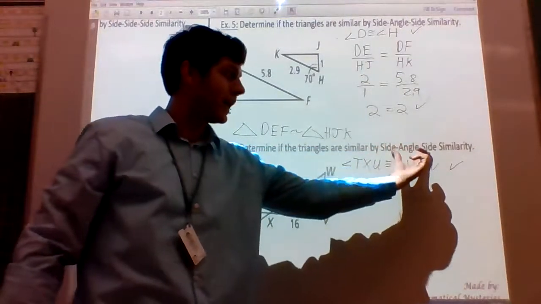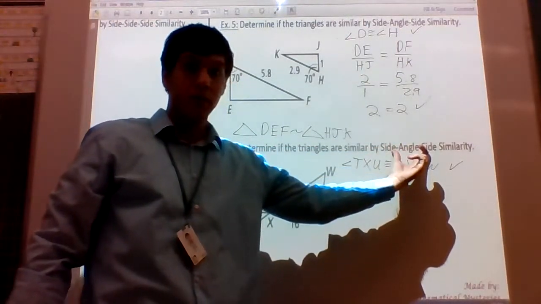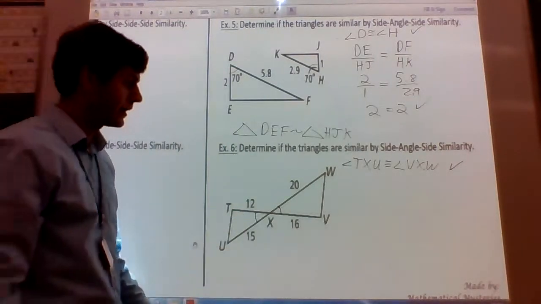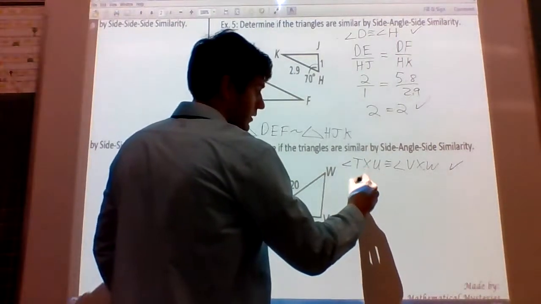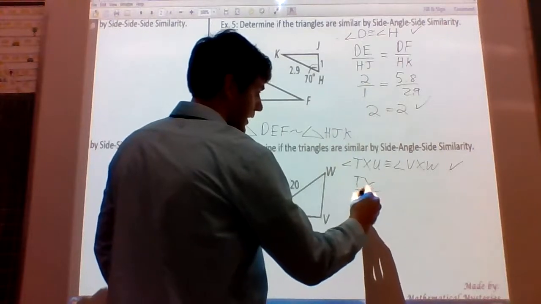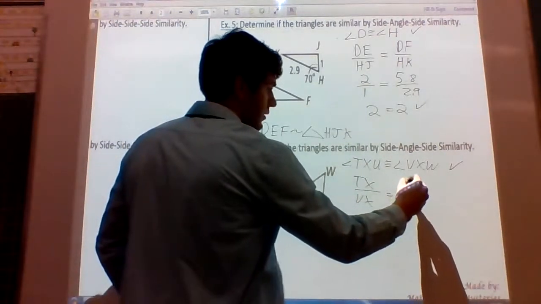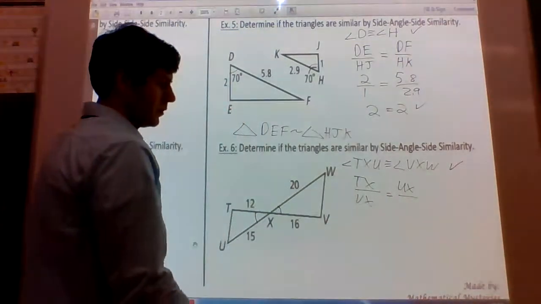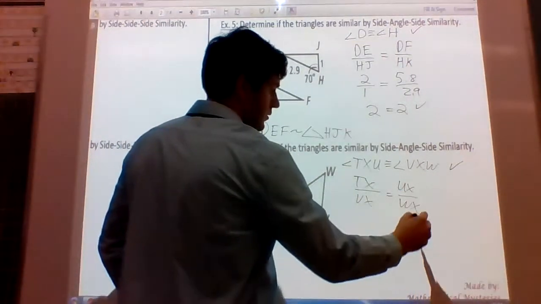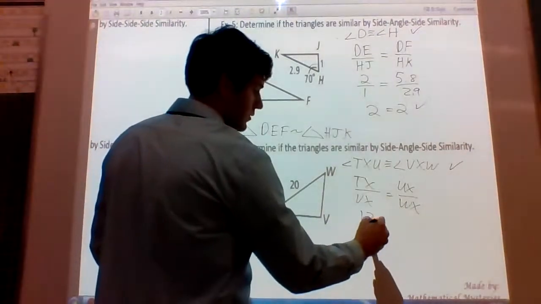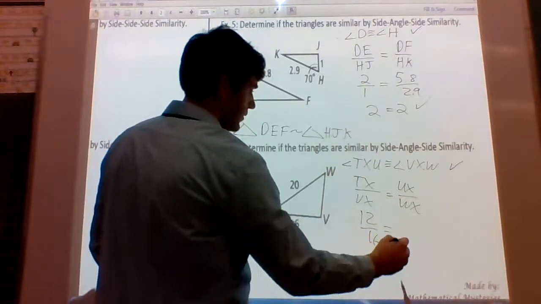Now we need to find the sides that are on each side of the angle, and see if they are proportional. So TX corresponds with VX, and then UX corresponds with WX. Substitute the numbers in, 12 over 16 and 15 over 20.